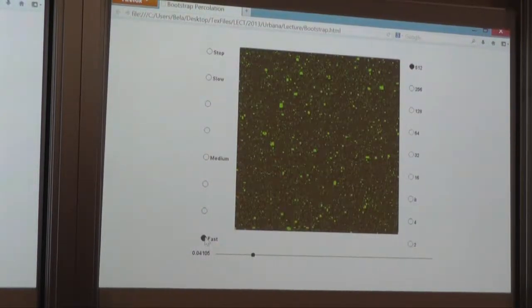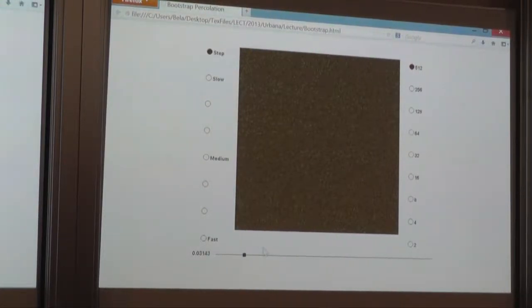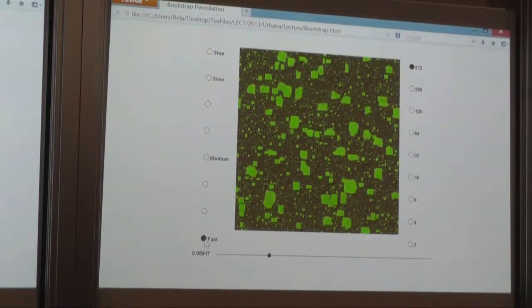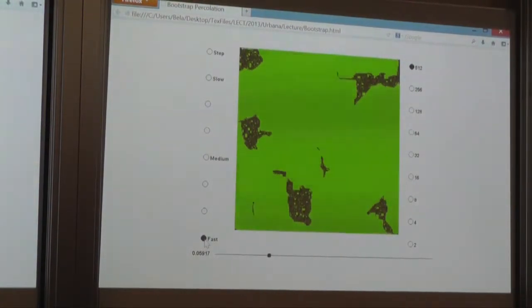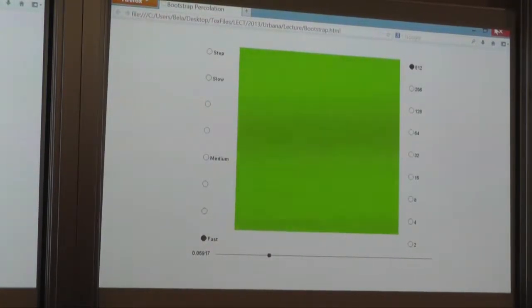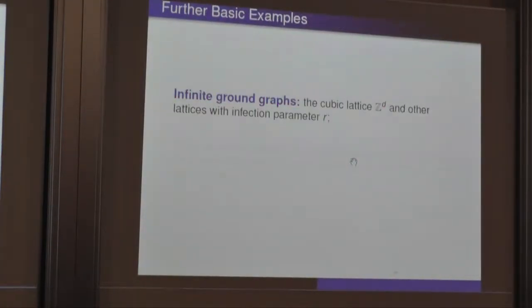It grows in various areas, and then everything is dead again. So we didn't get percolation, although this is about it. Now here it will percolate in 1 second, of course. So I hope you now know what bootstrap percolation is.